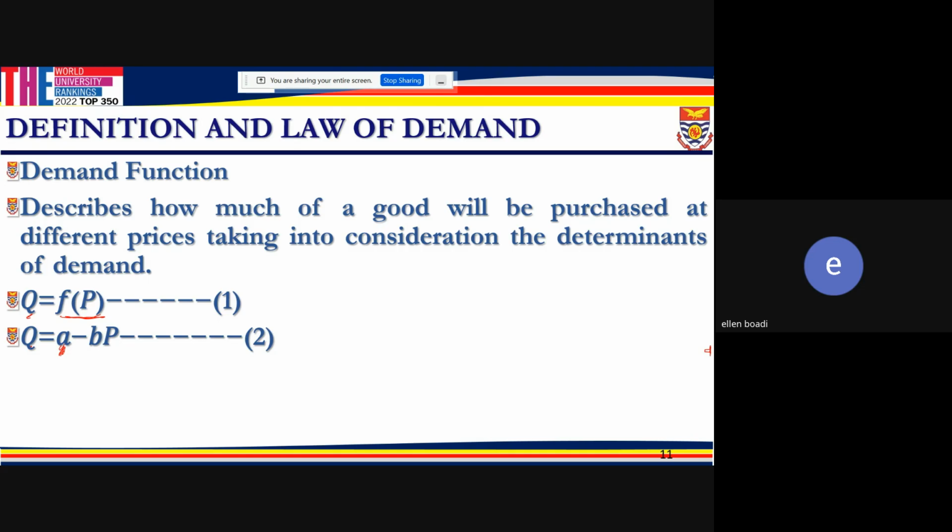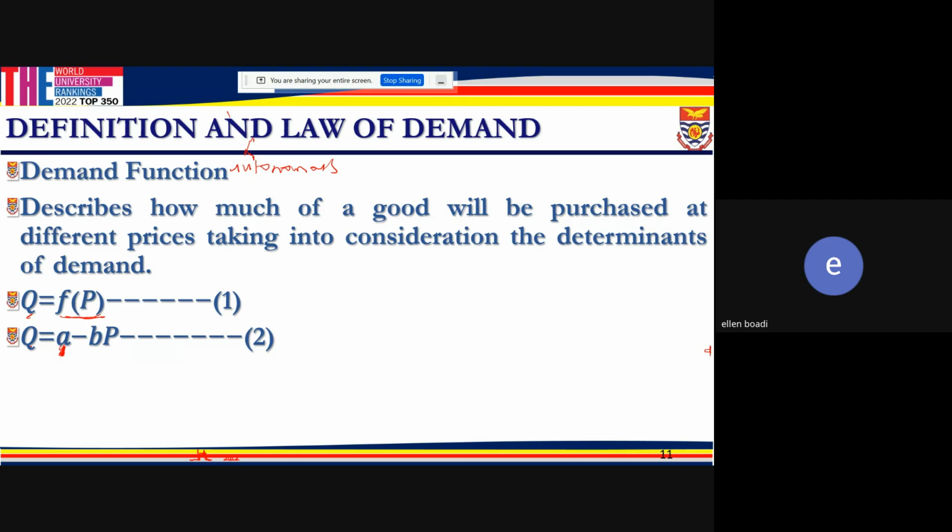And of course, we call A, which is the constant, autonomous demand. Autonomous demand.